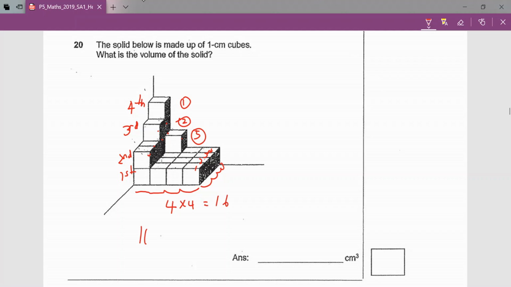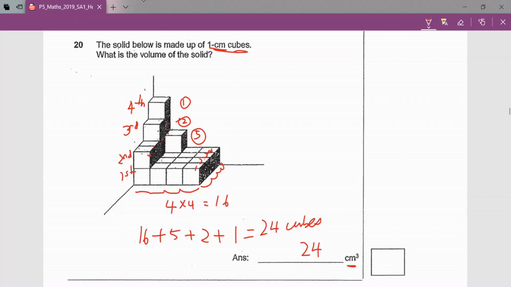So you add them all up, 16 plus 5 plus 2 plus 1. You're going to get 21 plus 2, which is 23. 23 plus 1, 24. It will be 24 cubes. But because they are 1 cm cubes, in the end you will have 24 cm cube in terms of the volume.